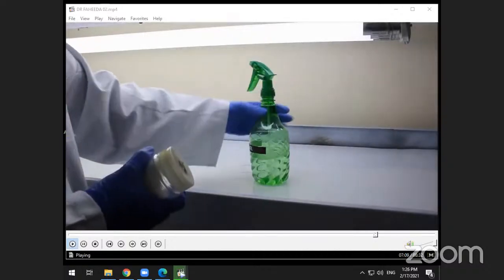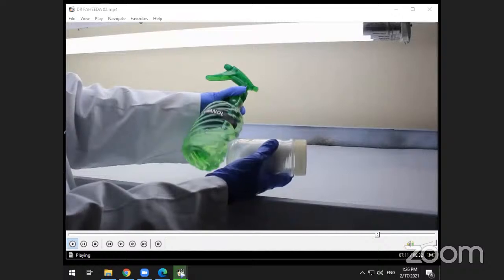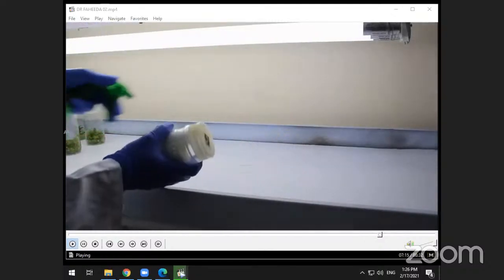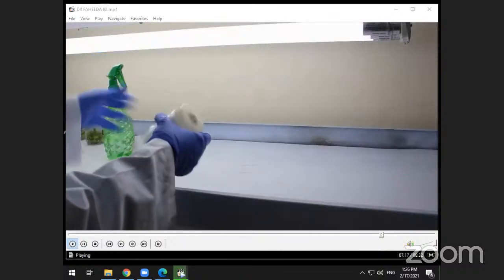Before placing your culture in the growth room, sterilize the chamber with 70% ethanol and wipe all the excess ethanol with autoclaved cotton.